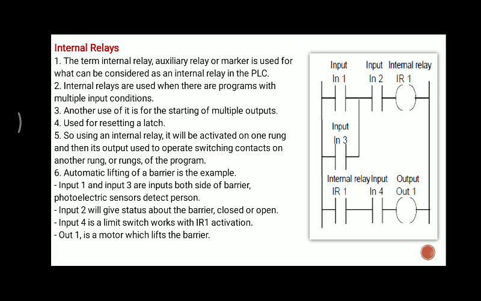It means that by natural weight, the gravitational force, the barrier will come down. So this input 4 works for both conditions, barrier closed or barrier open. Like this is the internal relay option.